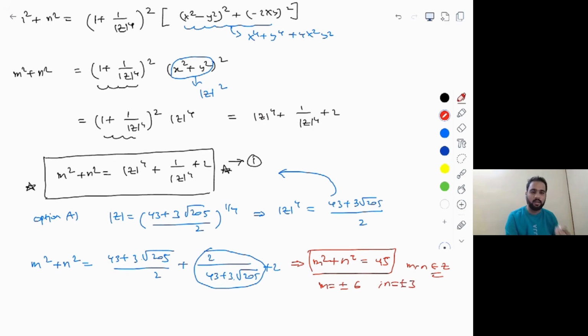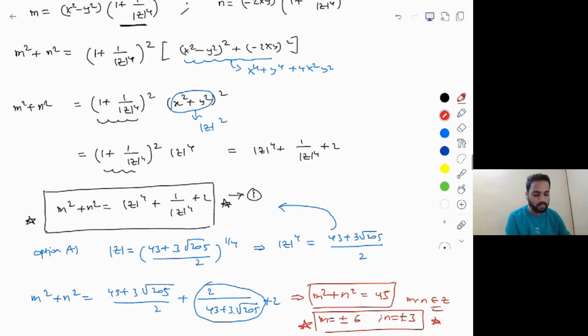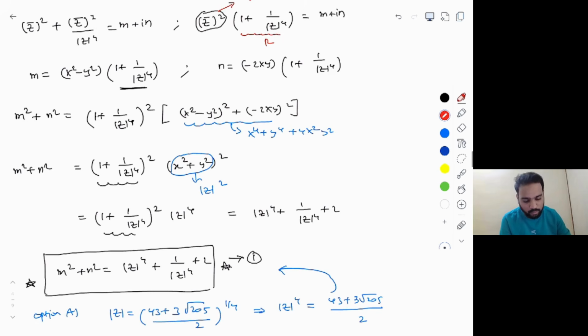So m square is 36, n square is 9, and 36 plus 9 is equal to 45. Hence, there is a possible combination of m comma n, which is plus or minus 6 comma plus or minus 3. You can take it in the reverse way also, no problem, but we just need to make sure there is a possibility of m comma n satisfying m square plus n square is equal to 45. Hence, the first option is possible.